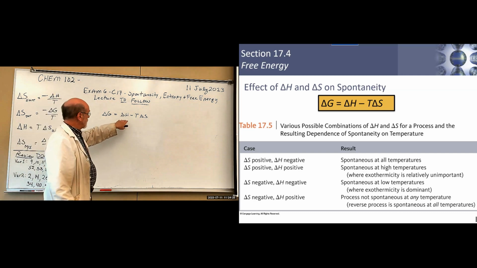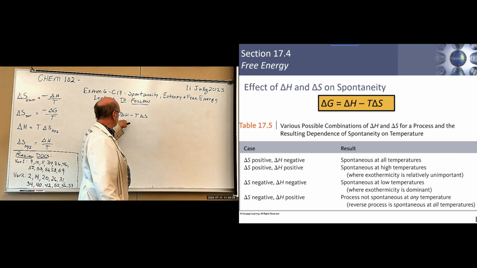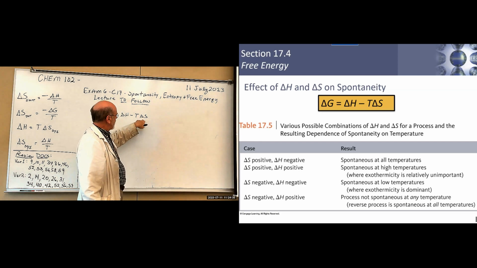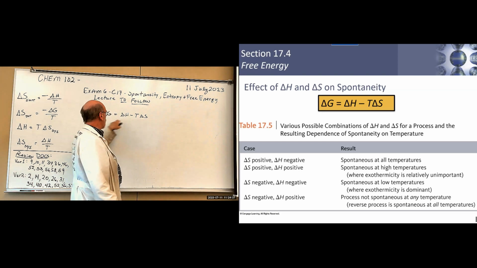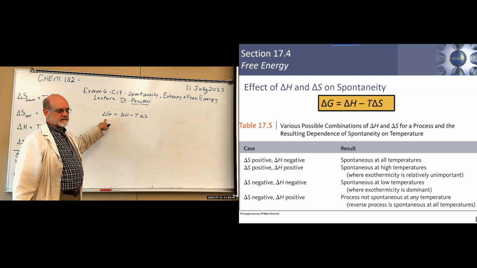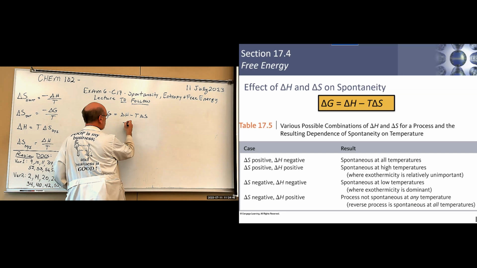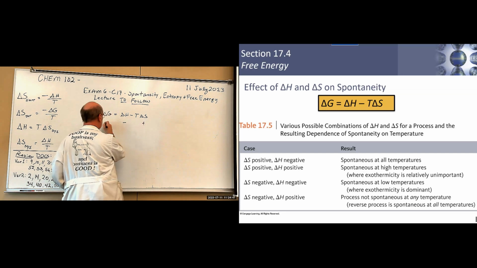If you have a negative enthalpy and a positive entropy, you will always have a negative delta G. It doesn't matter what the temperature is. So if you have a negative here and positive there, this will always be negative.